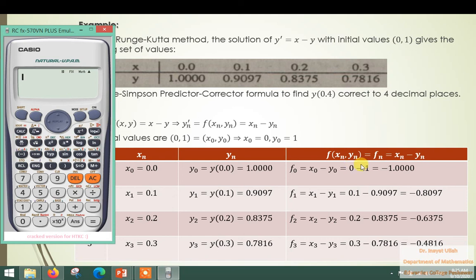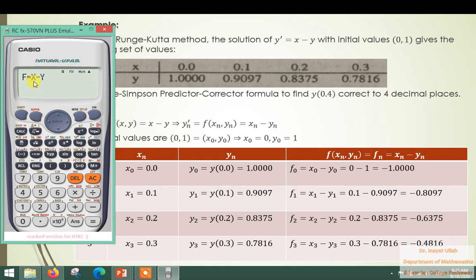Now we need to enter this function in the calculator, which is x minus y. Denote the function by f, or whatever you want to use. So f is equal to x minus y. Enter this function in the calculator, x minus y.